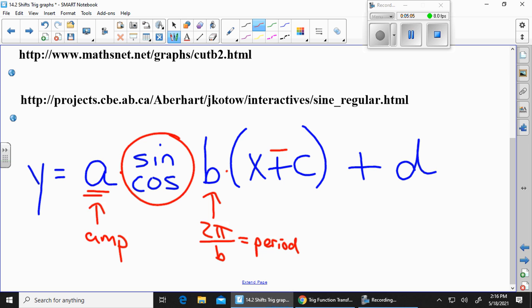Now, this goes left and right, and it's always been opposite. So when does it go right? When it's minus. When does it go left? When it's plus. This at the end has always gone up or down. When does it go up? When it's plus. When does it go down? When it's minus.